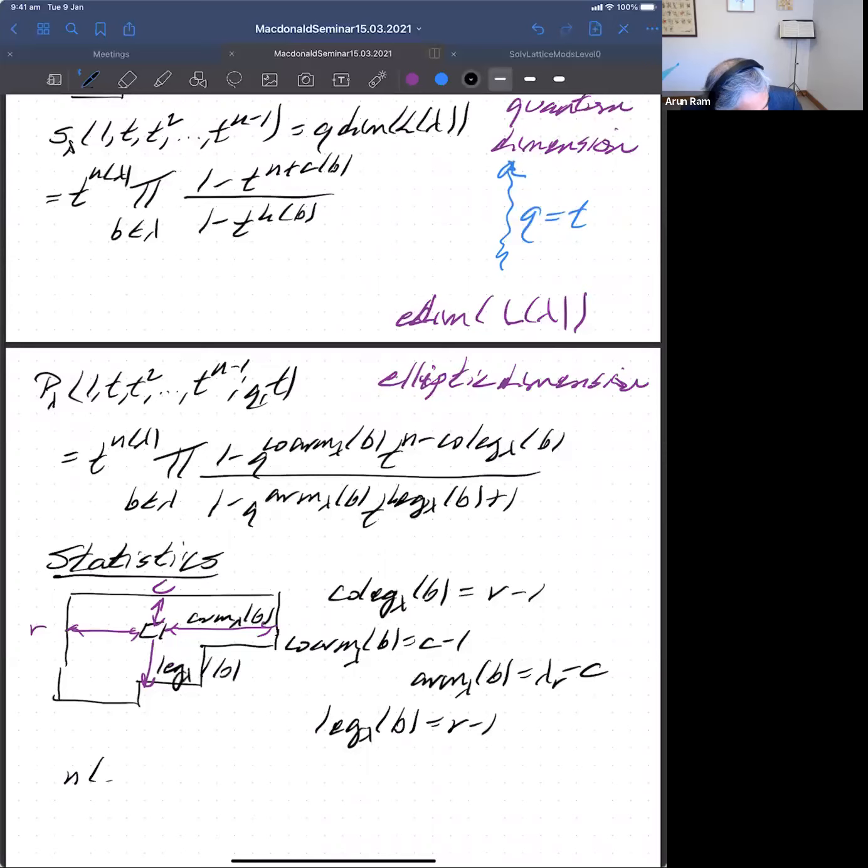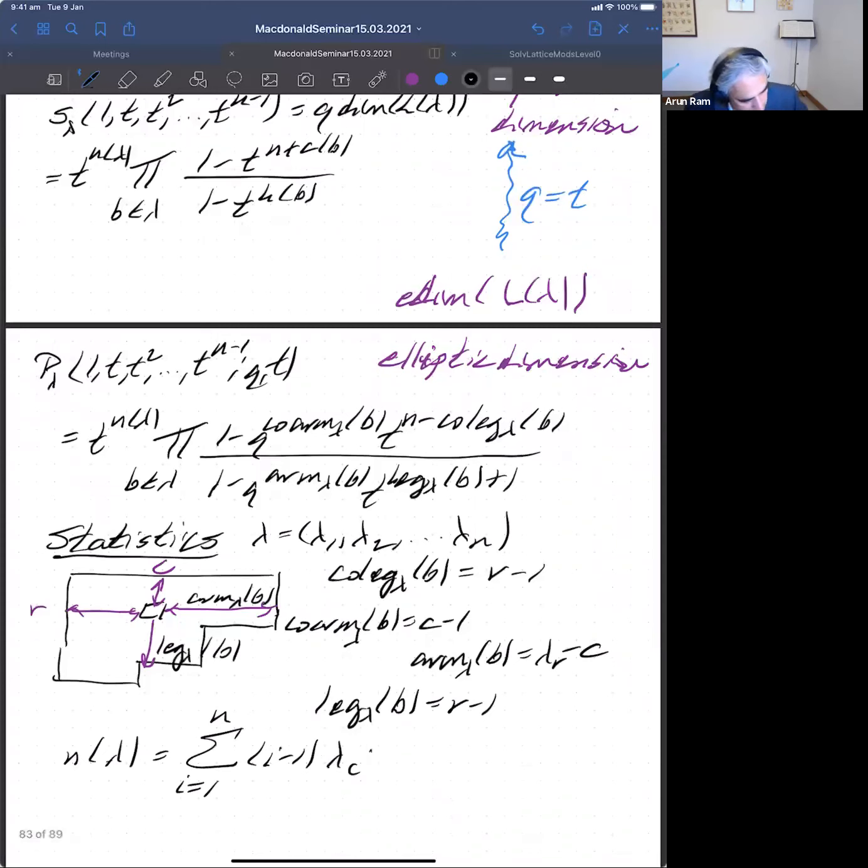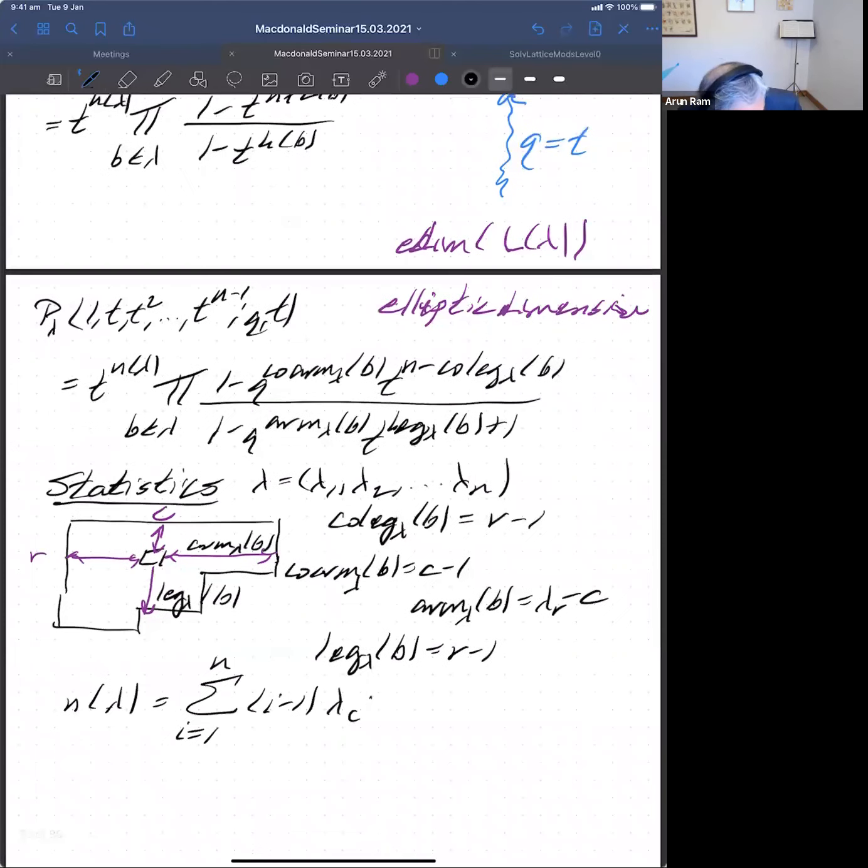And n(lambda) is equal to the sum, i going from 1 to n, of (i minus 1) lambda_i. So lambda_1, lambda_2, up to lambda_n are the lengths of the rows. So something I said wrong here. This leg is lambda_c prime minus r.